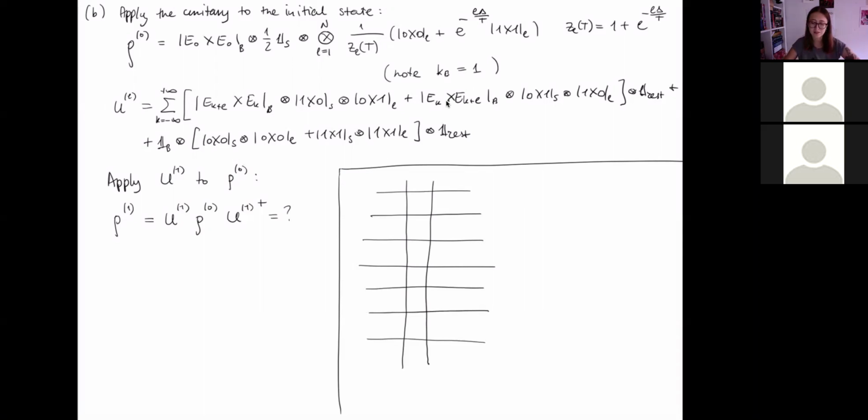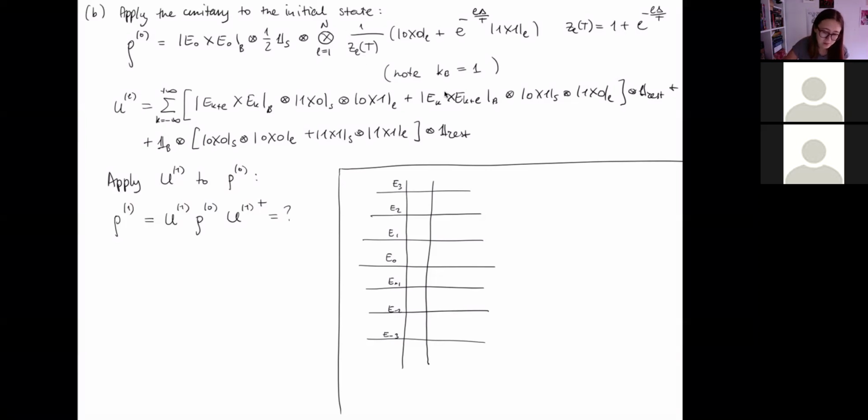So one can see the initial state of the battery and the system as being a state on this kind of two-dimensional plane, where the vertical axis corresponds to different energy levels of the battery, and the horizontal axis has only two coordinates, 0 and 1, which correspond to the state of the qubit the particular energy state of the battery is correlated with.